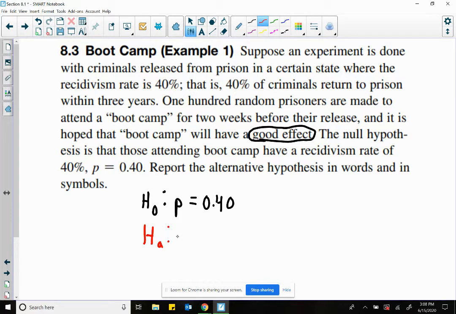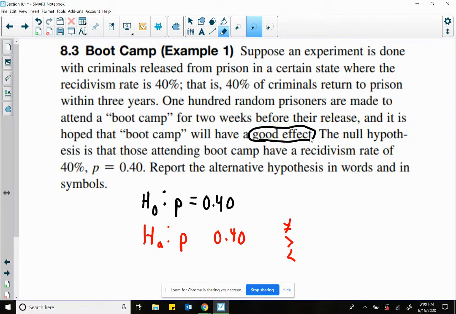So let's talk about this. We know that this is P. We know that this guy has to be 0.40. They have to be those numbers. The only thing that we're questioning in here, is it a not equals? Is it a greater than? Is it a less than? Well, this is where you got to make sure that you are reading carefully. Okay? So up here, that's why I highlighted this word, good effect.